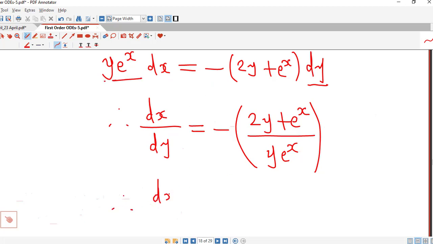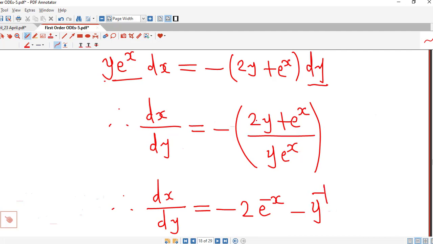So dx by dy equal to minus 2y over y e raised to x, that is minus 2, y will cancel out, and I will have 1 over e raised to x, that I rewrite as e raised to minus x, minus 1 over y, that I can rewrite as y raised to minus 1.